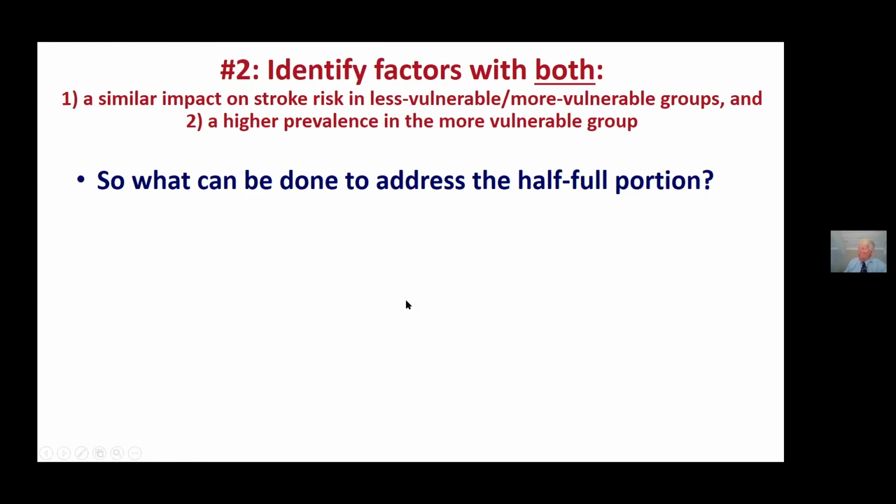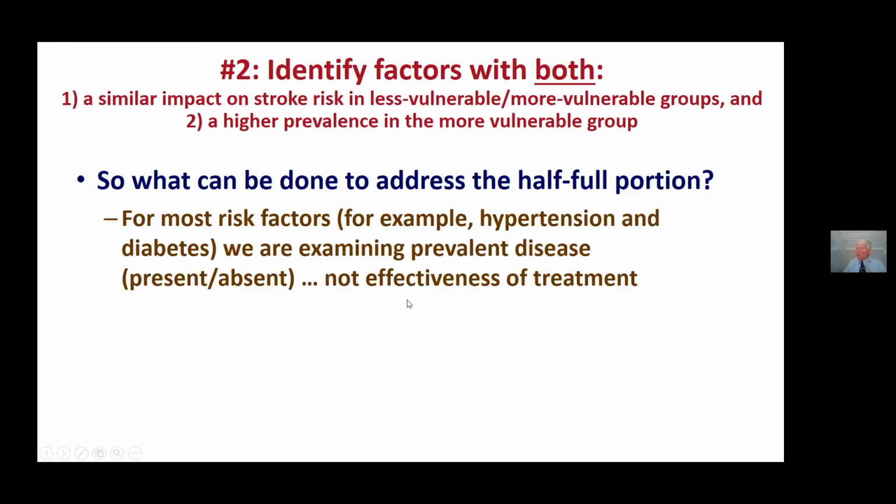And so what can be done to address that half, the portion that I understand is related to those risk factors? Well, for most risk factors, hypertension, diabetes, we're examining prevalent disease, whether it's present or absent, not the effectiveness of treatment. I'm not talking about blood pressure control. I'm talking about, do you have prevalent hypertension?